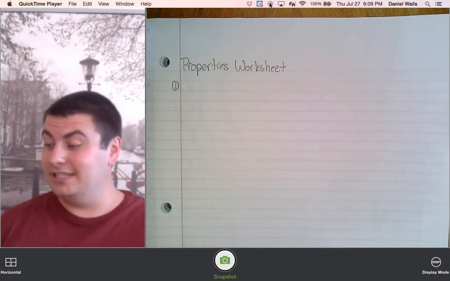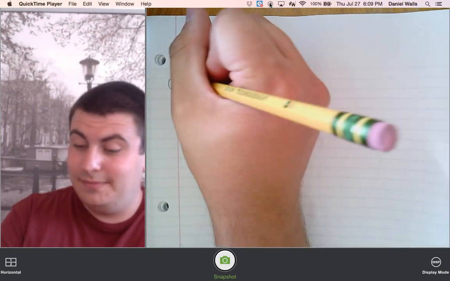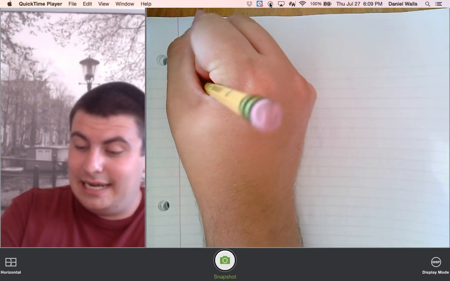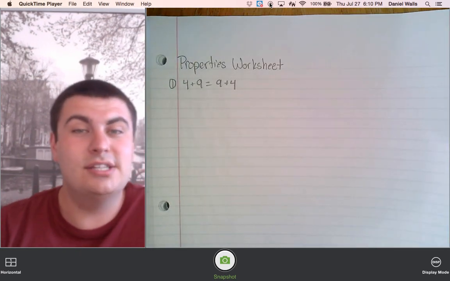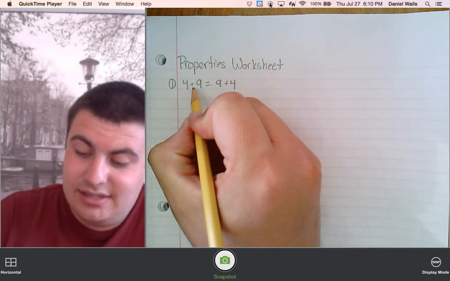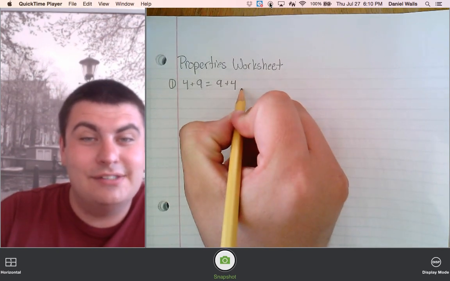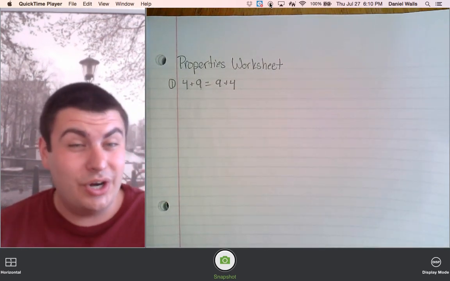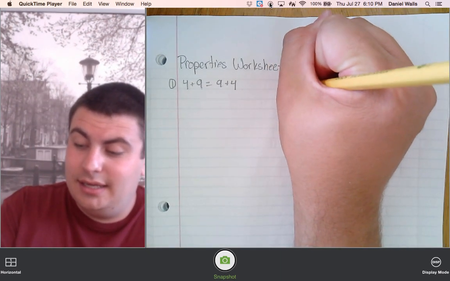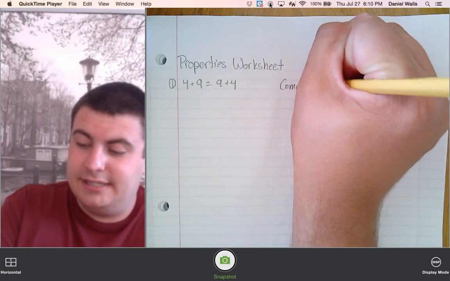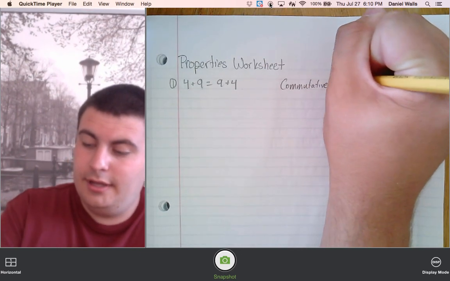So for example, the first one, number 1, is 4 plus 9 is equal to 9 plus 4. So if we think of that, what changed? 4 plus 9, 9 plus 4. We changed the order. So if we think order, that's going to be the commutative property.